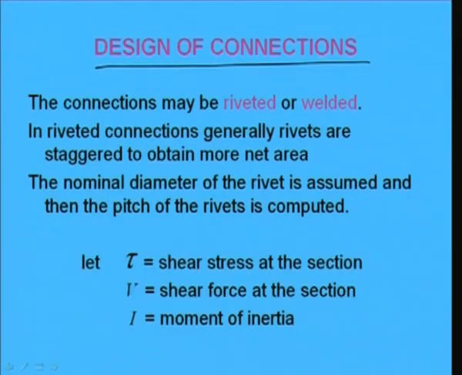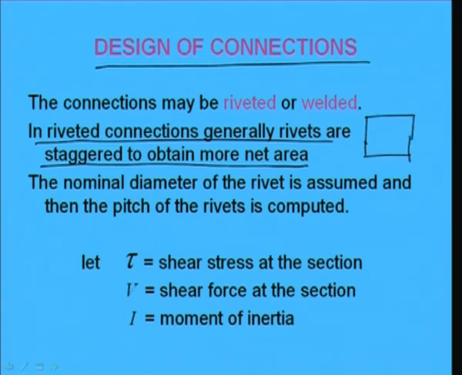In rivet connections, generally rivets are staggered to obtain more net area. So, when we connect, if I see from the top, with this the plate connected with this flange, it should be staggered, not in the same line, so that more net area can be obtained.